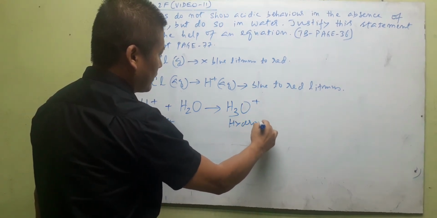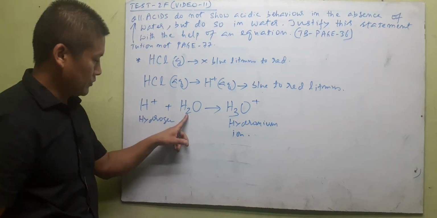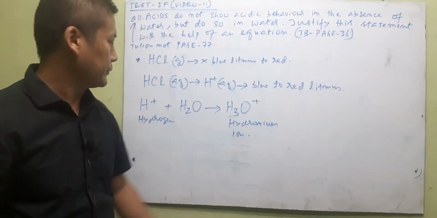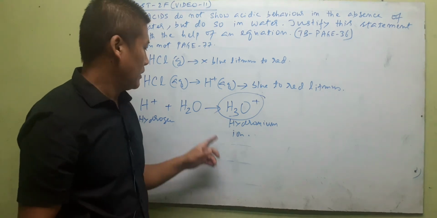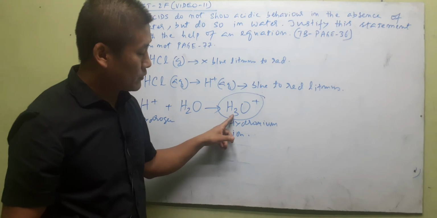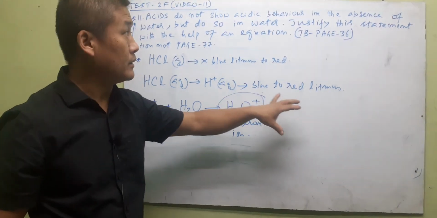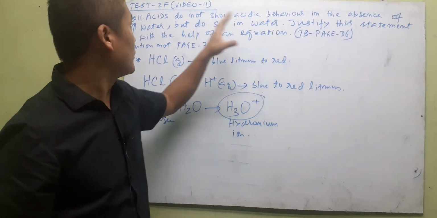Write along with me, hydronium ion. You see, H+ goes to H3O+. H3O+ is always an ion with a plus, okay? And this is the one that turns blue litmus to red. So unless there is water, the H+ cannot turn into this, which is the acidic behavior to turn blue litmus to red. That is why acids do not show acidic behavior in the absence of water.